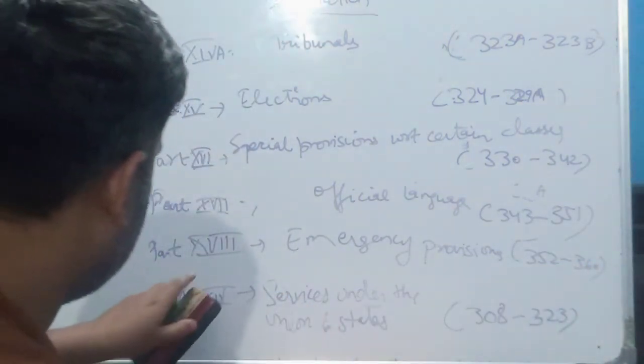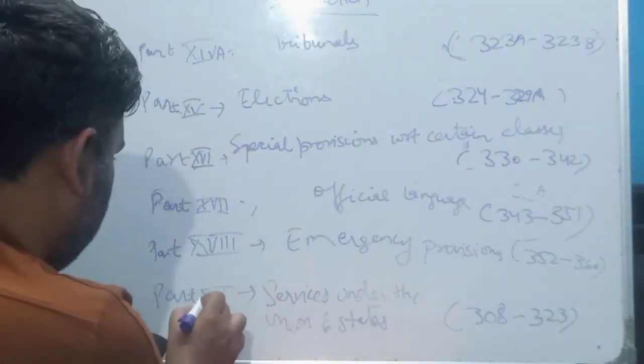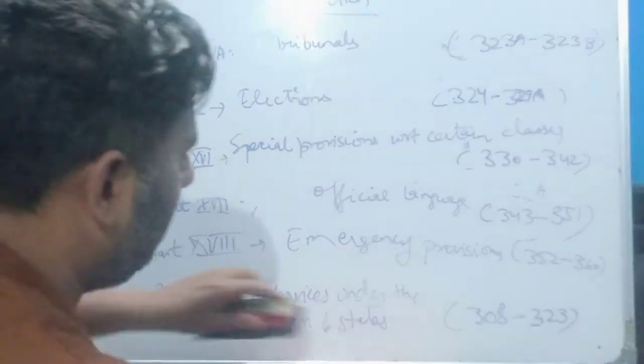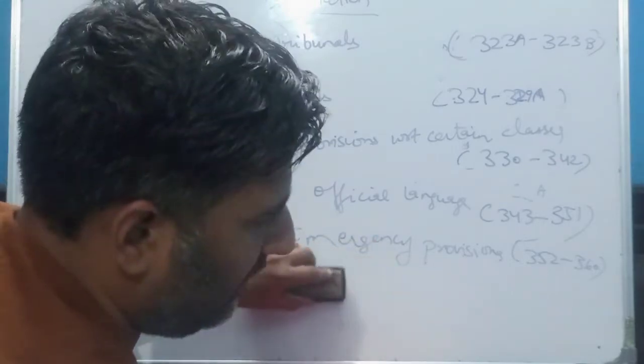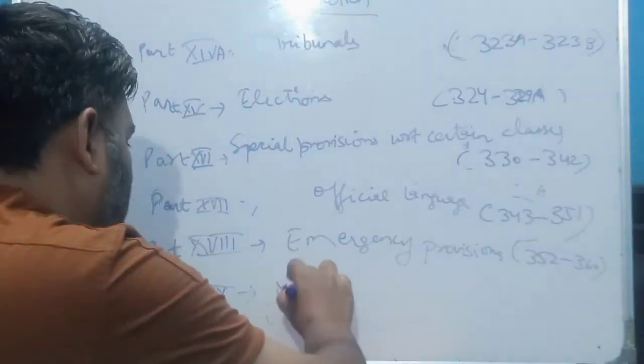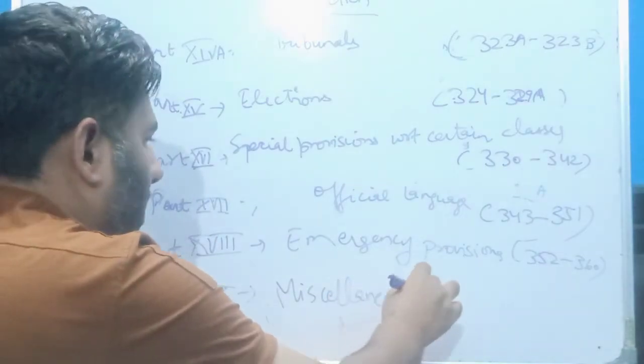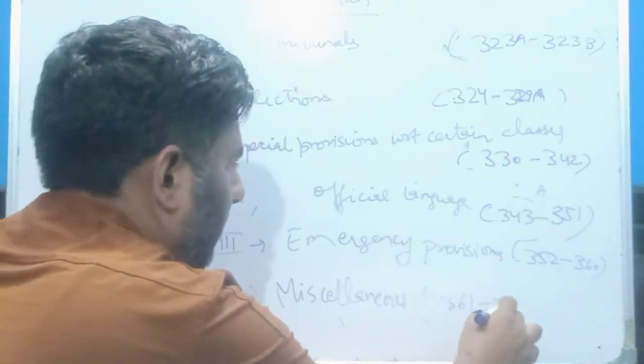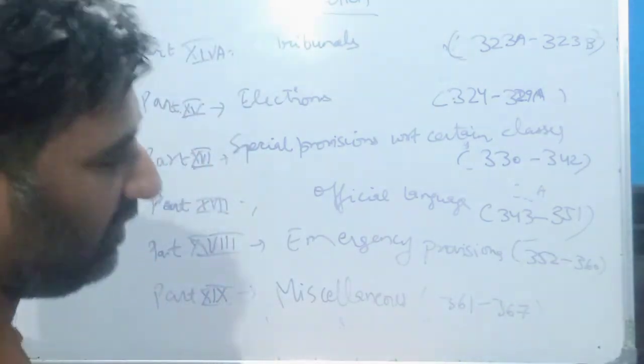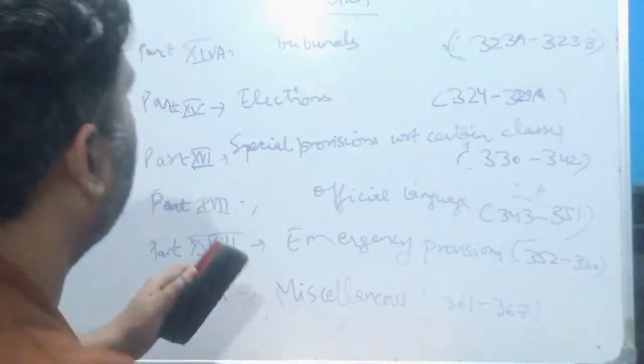Then part 19th, which is 361 to 367, miscellaneous.